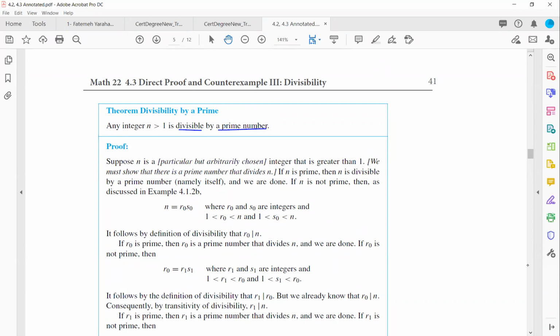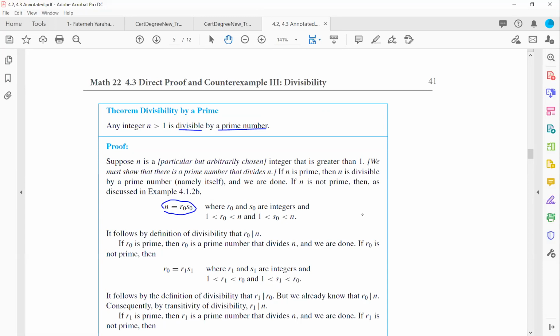So suppose you have an integer like n, and n can be written as the product of two other integers like r sub 0, s sub 0. r sub 0 is between 1 and n, s sub 0 is between 1 and n.